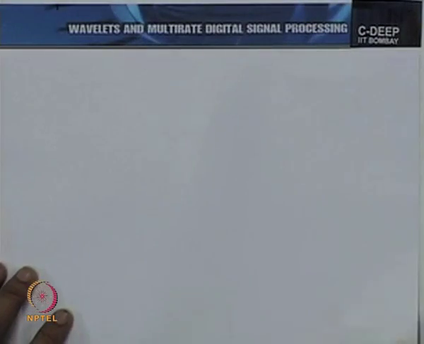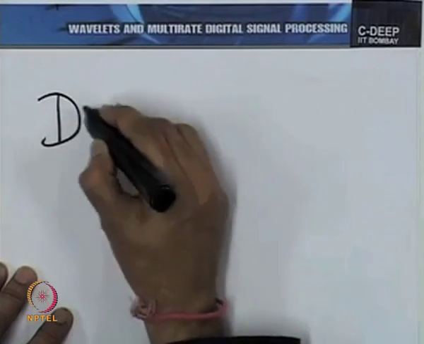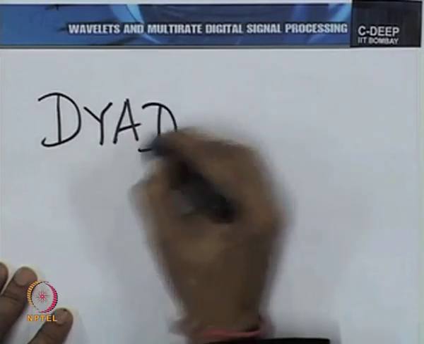Please remember, here we are increasing the resolution, or improving the amount of information contained, by factors of 2 each time. And that is why we use the term dyadic. Let me write down that term, dyadic. So, what we have introduced in this lecture is the notion of a dyadic wavelet.